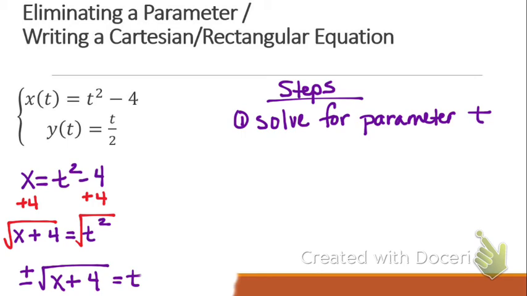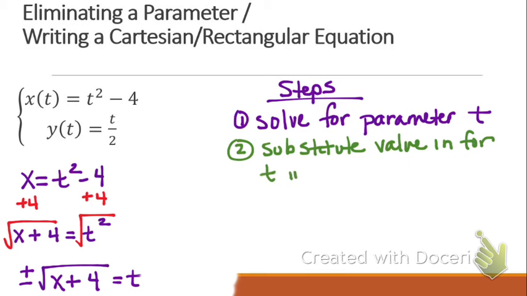So our second step, step number 2, is to substitute the value in for t in the second equation. So I'm going to take this and substitute it in my second equation where there's a t.